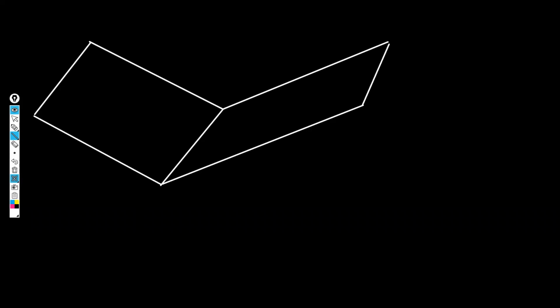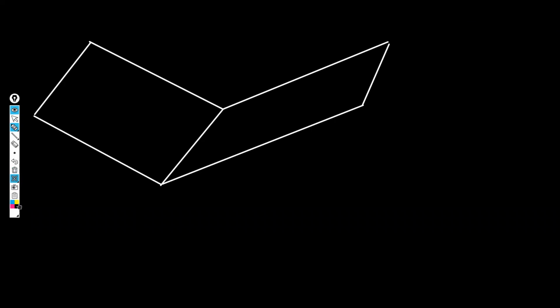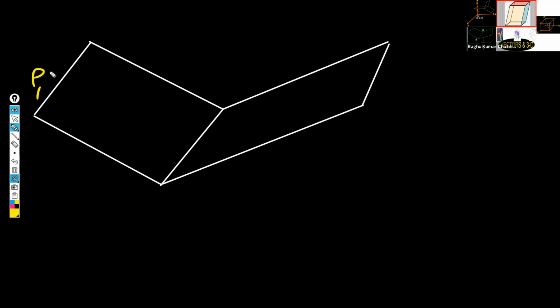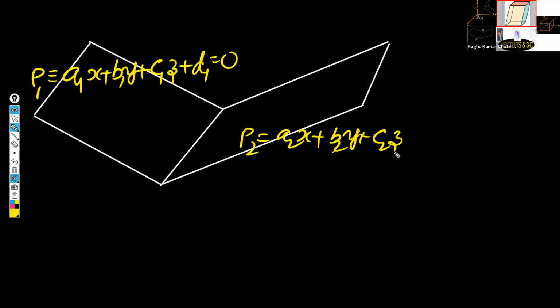Now I need the internal angular bisector of these planes. Just like I named the lines, I'm naming these planes: P1, A1x plus B1y plus C1z plus D1 equal to 0; P2, A2x plus B2y plus C2z plus D2 equal to 0.